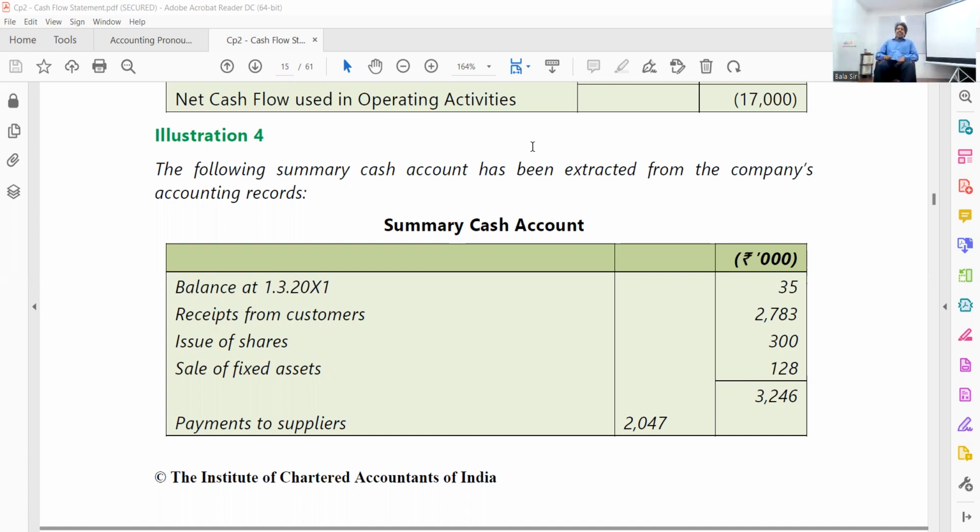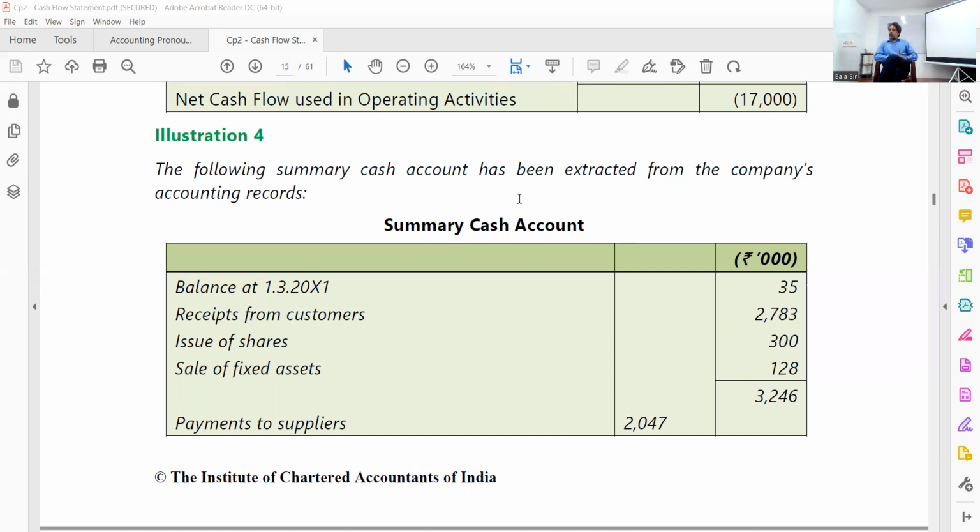Listen, guys, I just want you to mark over there whether it's operating, financing, or investing. Will you do that? It's given the receipts from customers. What is that? Operating. Please make a note over there.